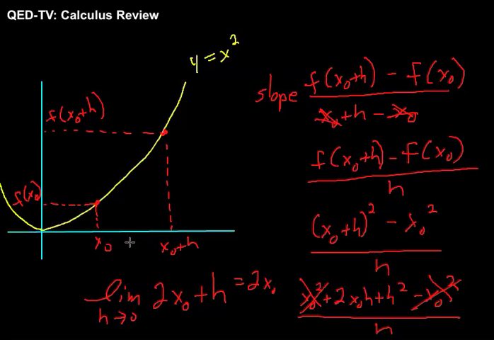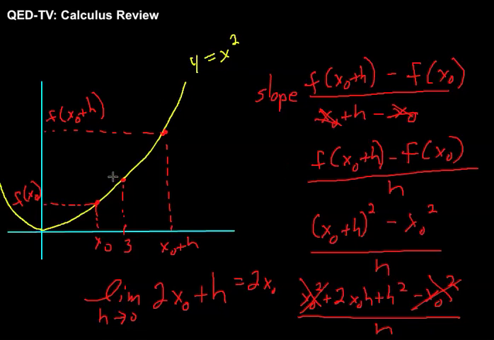And now if I have any value, like for instance, if I actually put actual numbers in, I want to say, okay, what's the slope of the line tangent right here at this point on the curve? And we'll say that this x value right here is like 3. Well, the y value right here is 9, right? Because I put in 3 for x, 3 squared is 9.